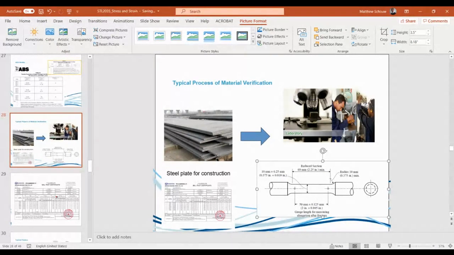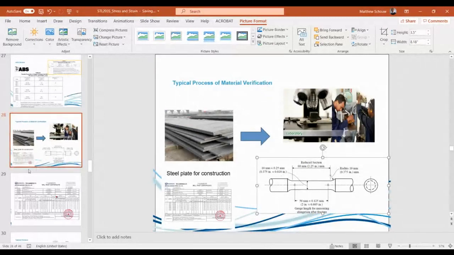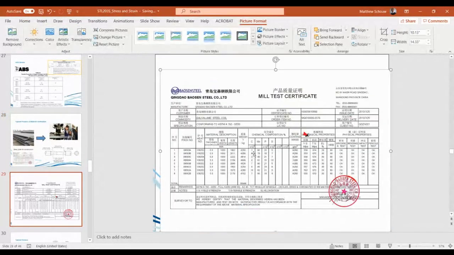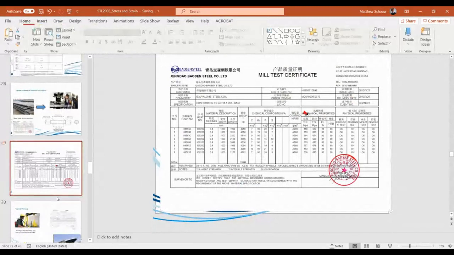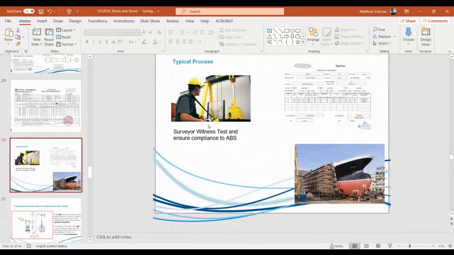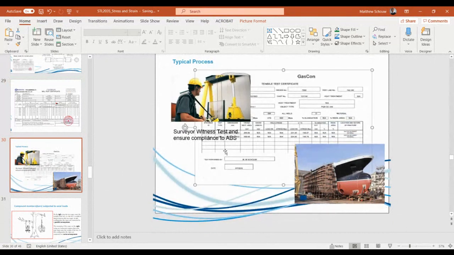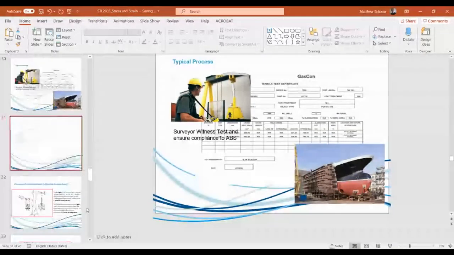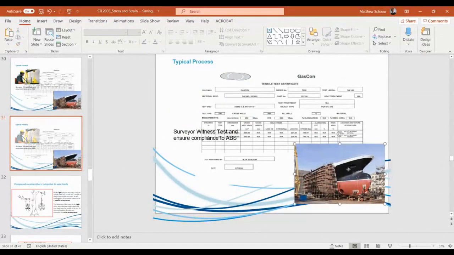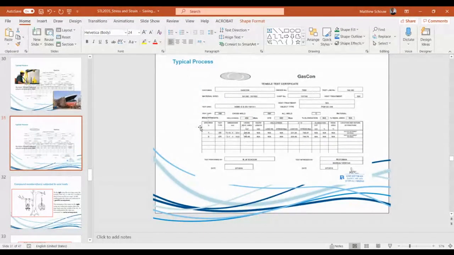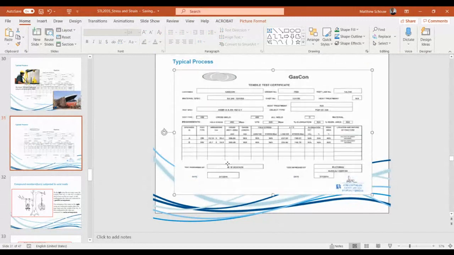So I have to basically do material verification, retest the steel in accordance to the standard, to be pretty sure that they didn't lie. So the surveyor performs a test, and then I, again, so this is a certificate, let me duplicate it so that we can have it on its own. I retest this steel, because this is another material certificate.